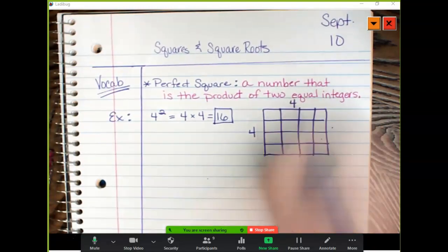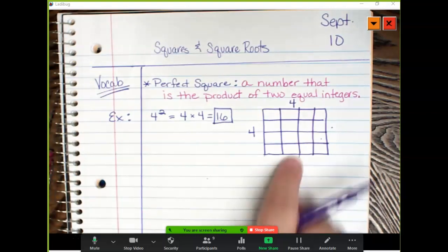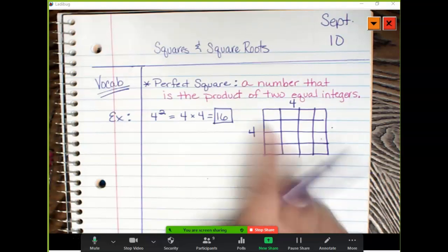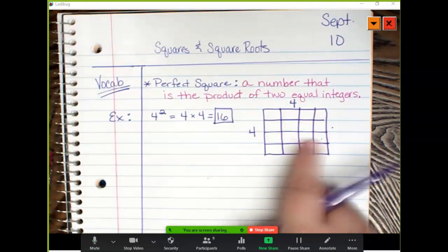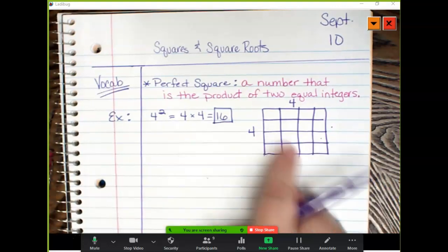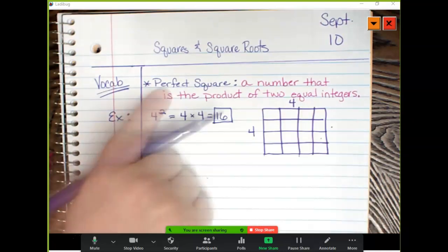Y'all remember making these in elementary? 3 times 2, you're making an area model or an array model. So 4 times 4, how many boxes do you think are inside here? 16. And do you see how it makes a pretty perfect little square? That's why we call them perfect squares.